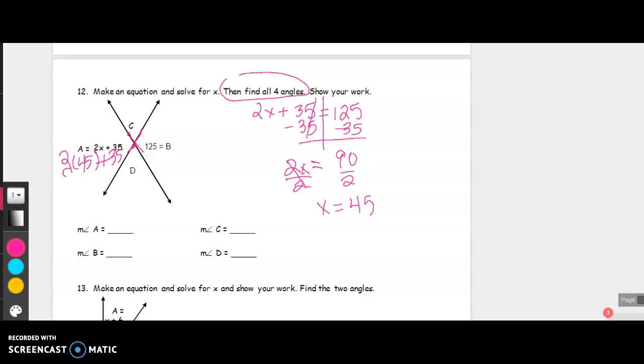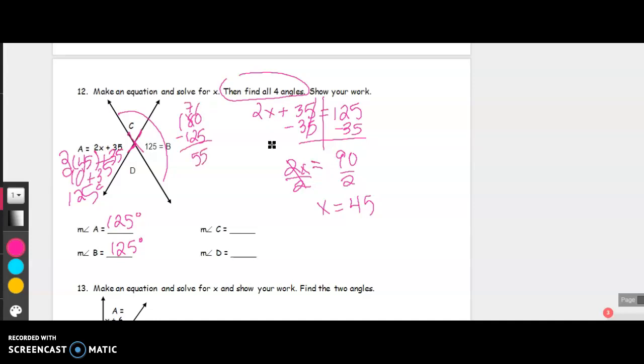So 2 times 45 is 90, plus 35, yep, is 125. So measure of angle A is 125. Measure of angle B is 125. Now we need to find these ones. Well, how do we find them? Well, this is a straight line, which means they're supplementary. So I'm going to take my 180 and subtract 125 from it.